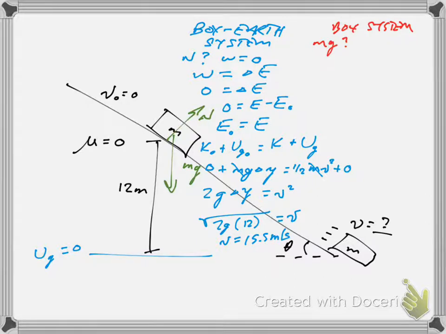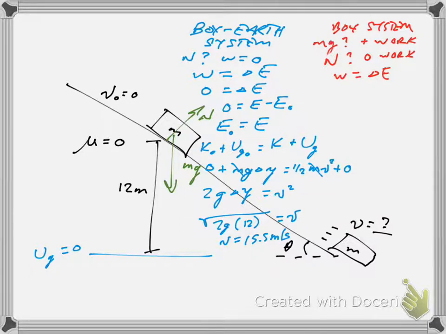And so there's at least part of the mg that is in the direction of the displacement, and therefore mg is doing positive work. As we saw before, the normal force is not doing any work because it's always perpendicular to the displacement. And so the change in energy is due to the work done by the gravitational force, which is exactly, again, like we saw before.